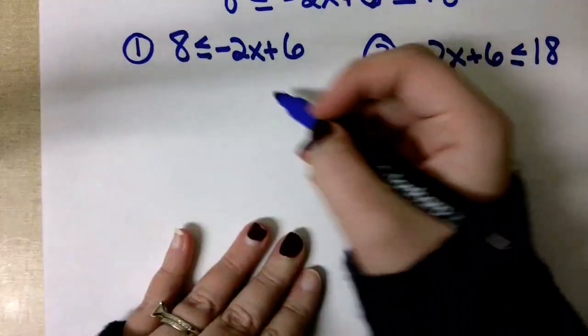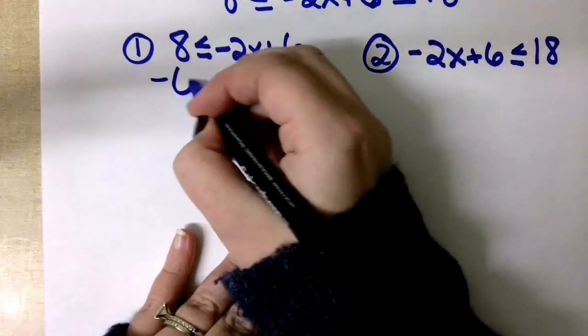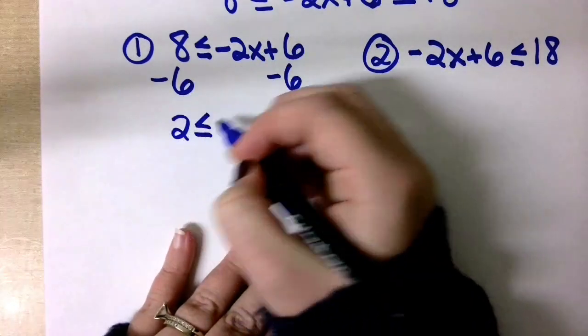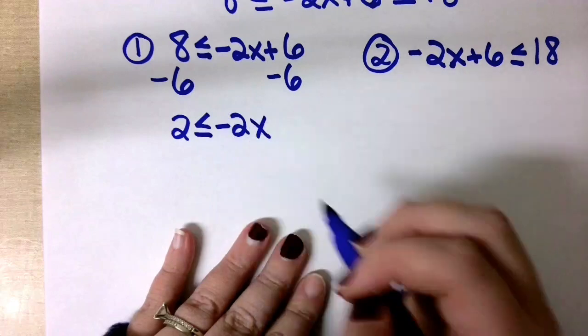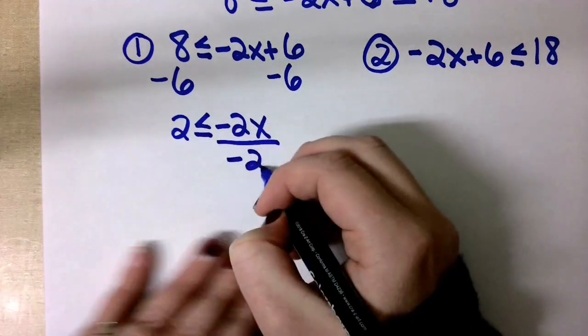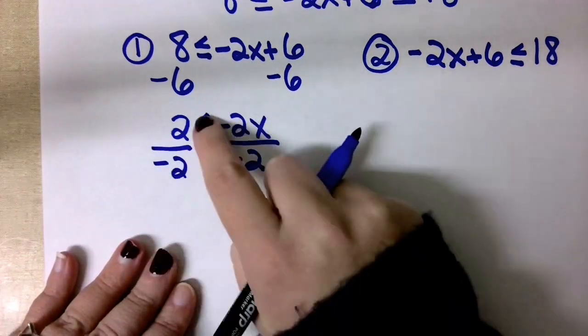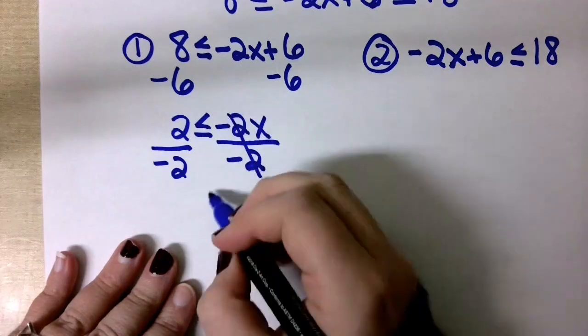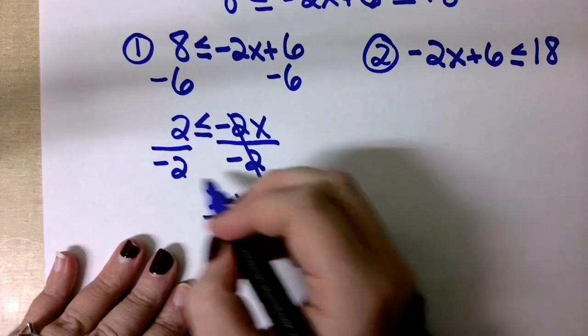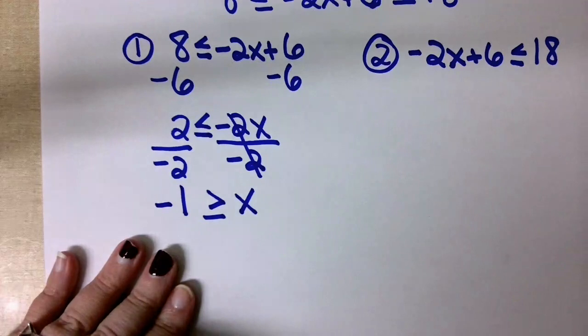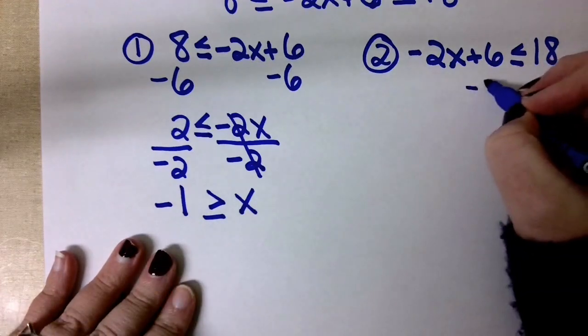From there, I do the math. Subtract 6. 2 is less than or equal to negative 2x. Divide by negative 2. Because I'm dividing by the negative, the sign flips. And I get negative 1 is greater than or equal to x. Same thing here.